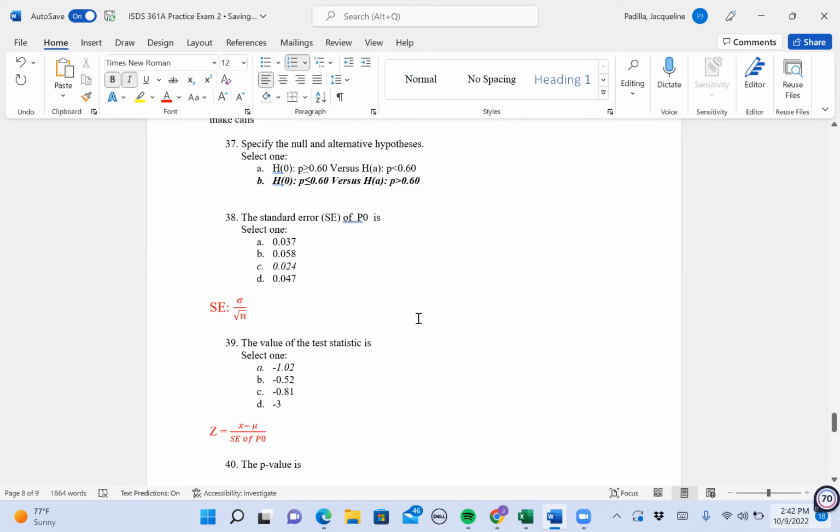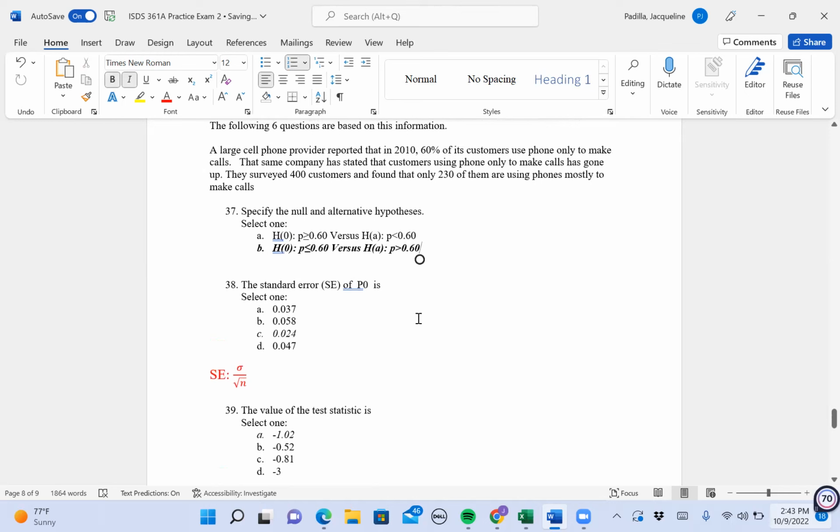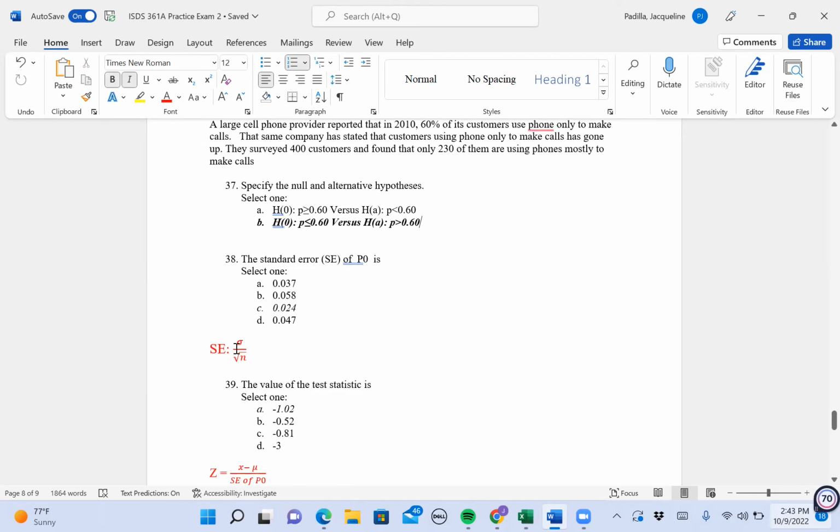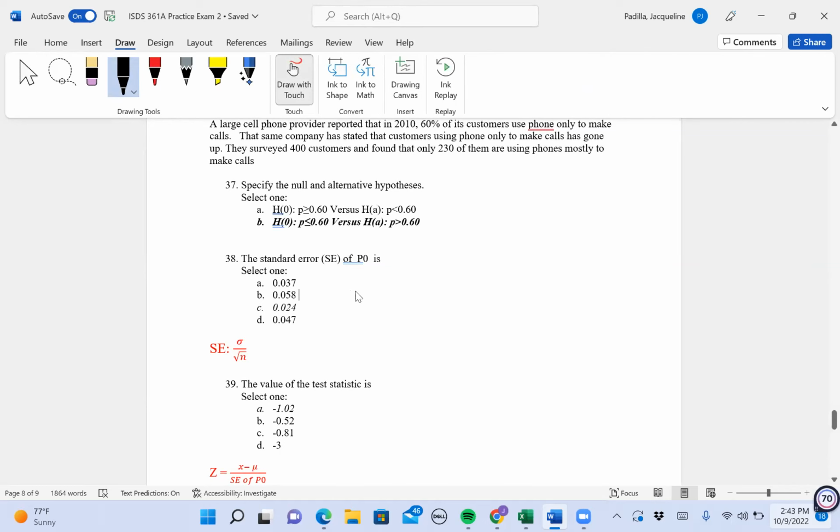Okay, and then number 38 states the standard error of P0 is. So here I put the formula for standard error. So it's the standard deviation over the size of the sample n. So in this case, standard deviation is going to be 0.48.